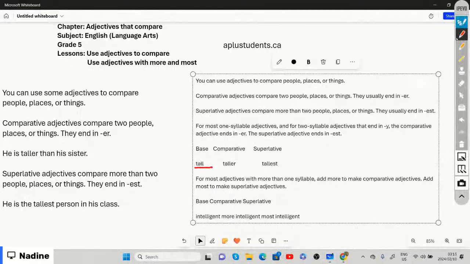And we say that if we compare someone or a place or a thing to another person or another thing, we call that a comparative adjective because we are comparing it to one another. Our base word is tall, but now if we are comparing to another person, we can say taller.